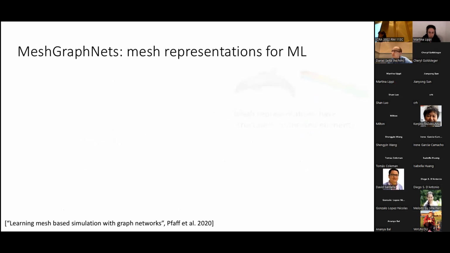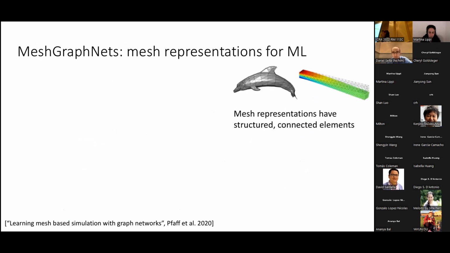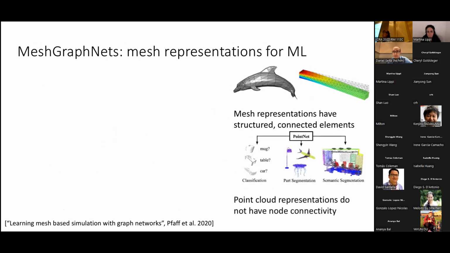So this work, basically the key insight is that meshes are natural representations for structured objects, including 3D deformable objects. And therefore we should also represent objects as meshes for deep learning. In the past, objects have often been represented as point clouds, and popular machine learning methods that work on point clouds such as PointNet and PointNet++ have been very successful, but there is no inherent connectivity between points, unlike in FEM.